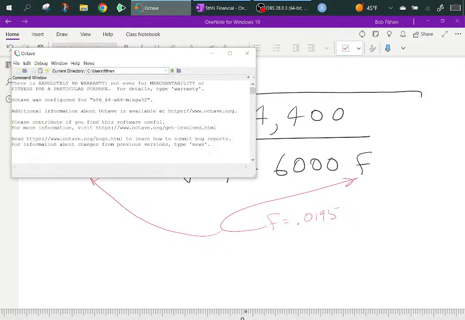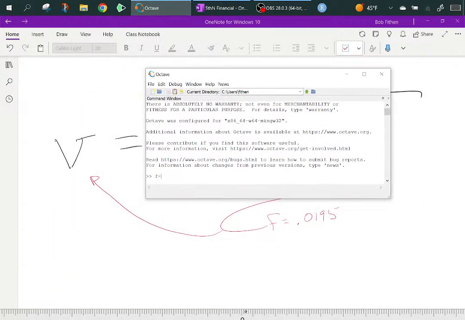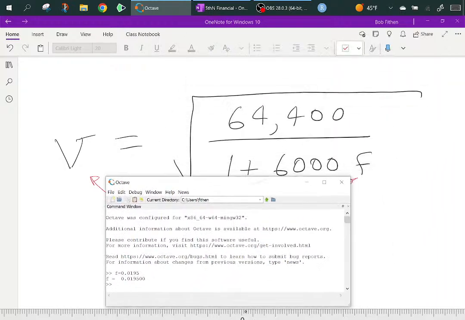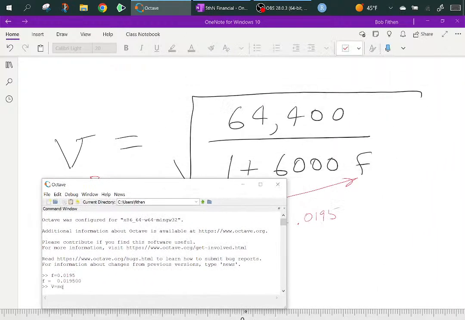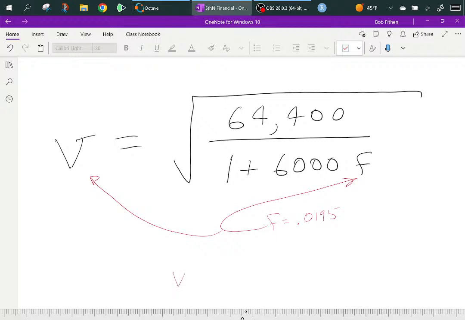So I'm just going to guess f is equal to 0.0195, and then put in this equation: V is equal to the square root of 64,400 divided by 1 plus 6,000 times f. So I'd get 23.62.